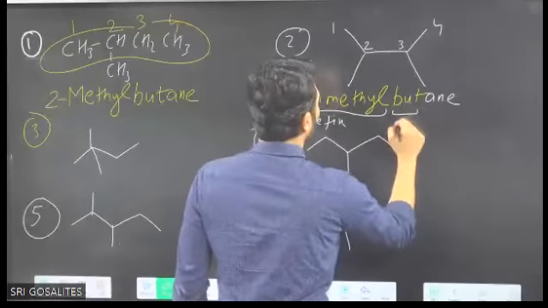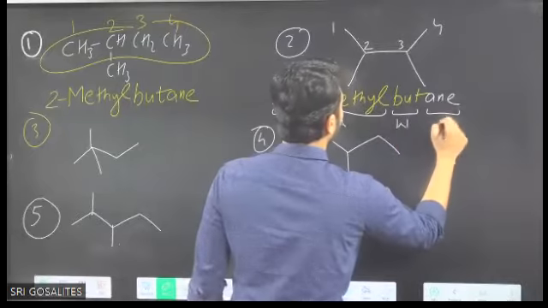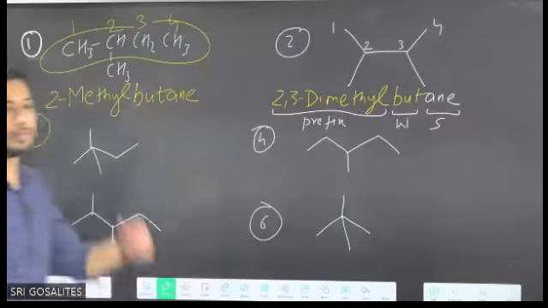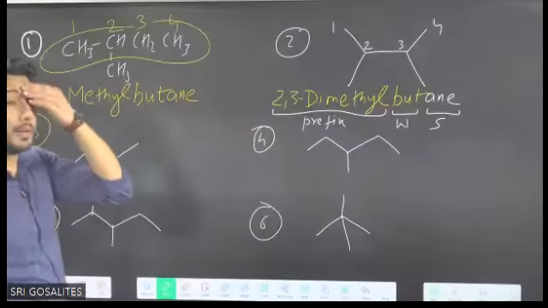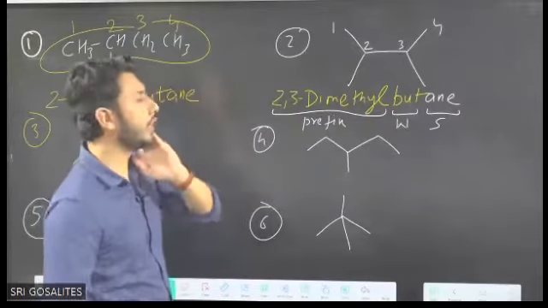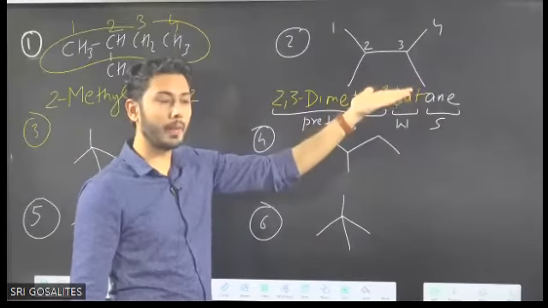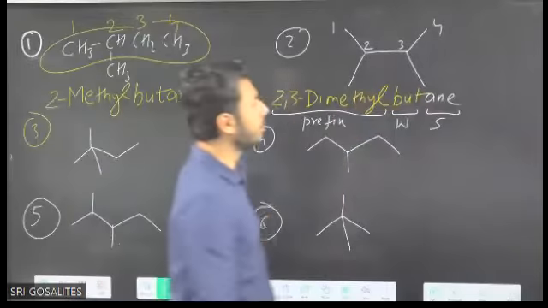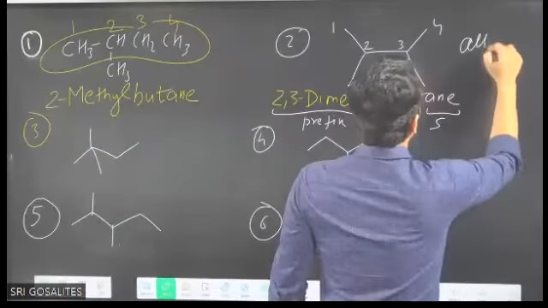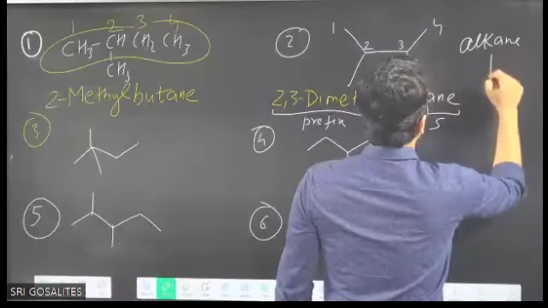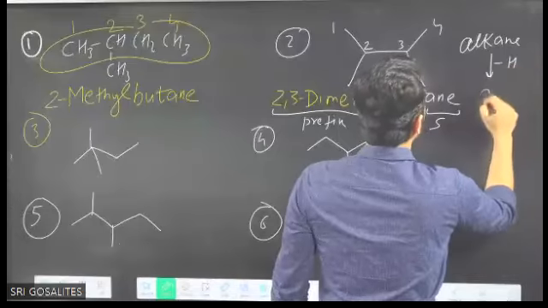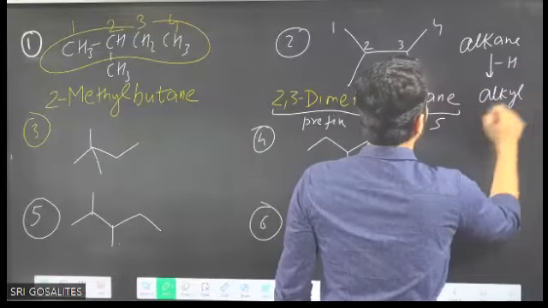So this part is prefix, word root, and suffix. Whenever a carbon chain is not part of the parent chain, CH3 is not part of the parent chain, it becomes which group? Alkyl group. From alkane, minus 1 hydrogen, it is termed as alkyl.